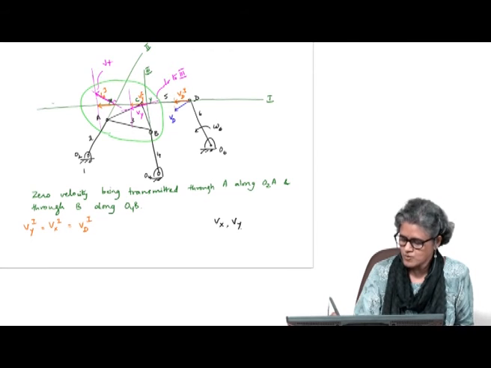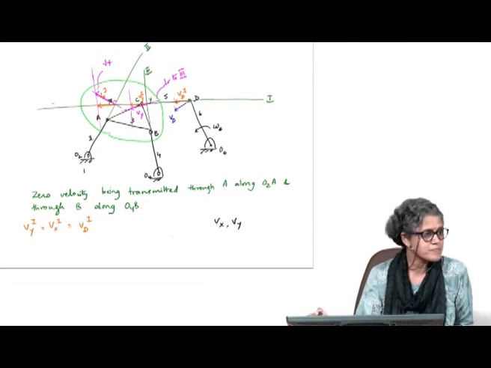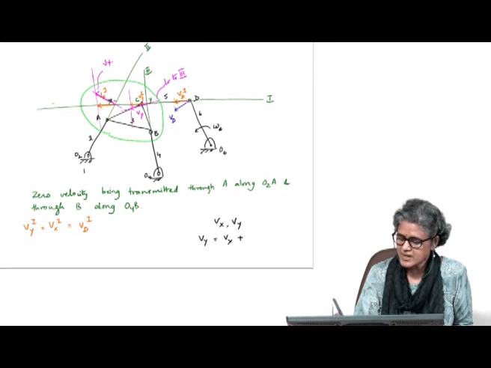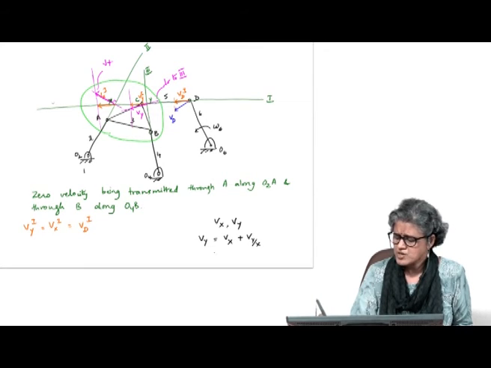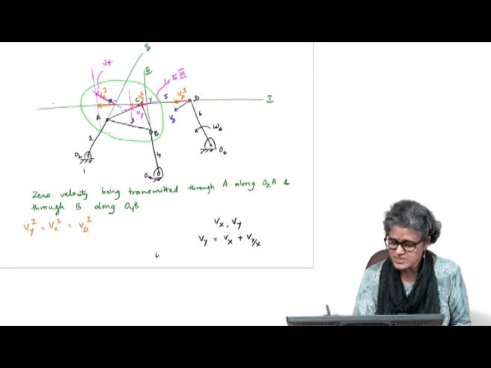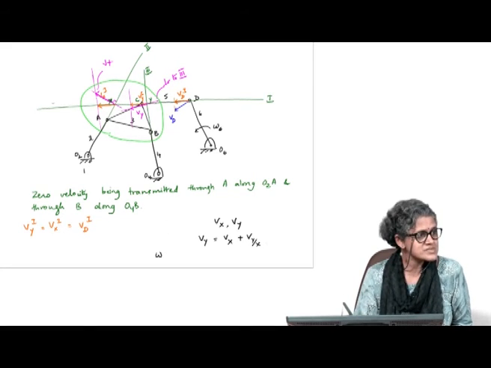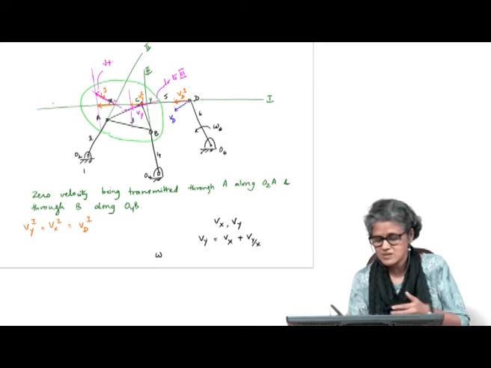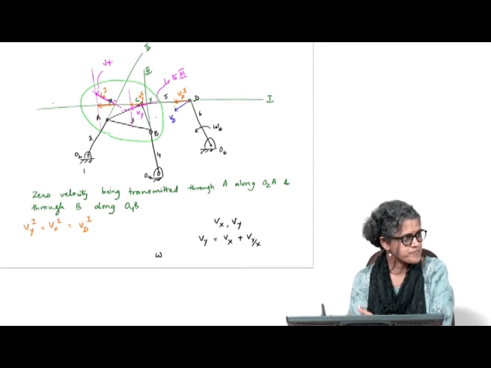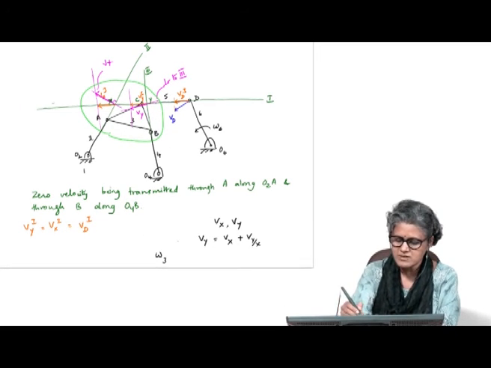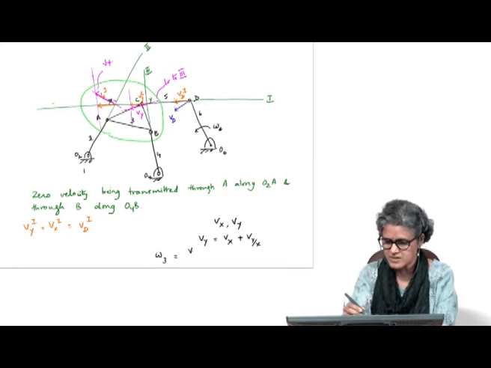So once I know Vx, Vy, how are they related? I can write Vy is Vx plus V of y relative to x, right? So the difference between these two velocities is directly equal to omega of this link times xy. Let's call it omega 3 here.